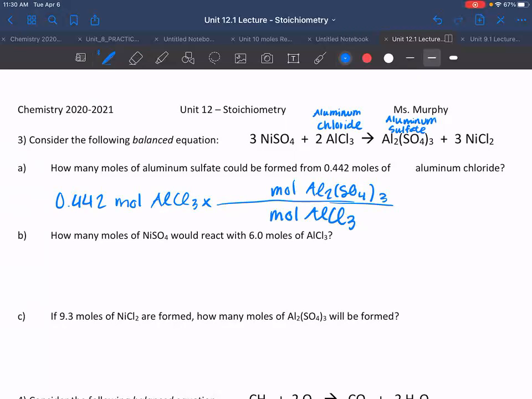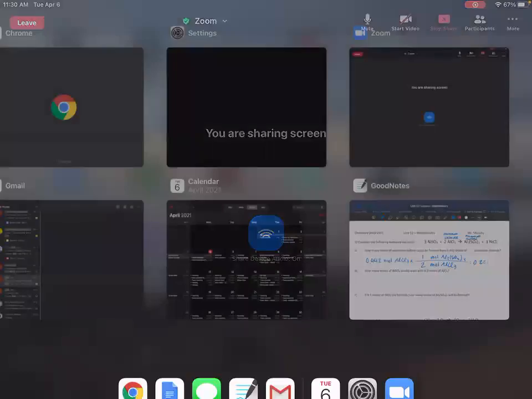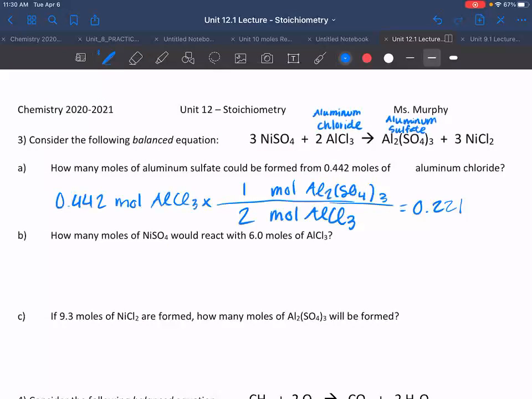What is the coefficient that goes with aluminum sulfate? 1. That goes on the top. Then for aluminum chloride, it gets a 2. So we're just halving this number and you would get 0.221 moles of aluminum sulfate.